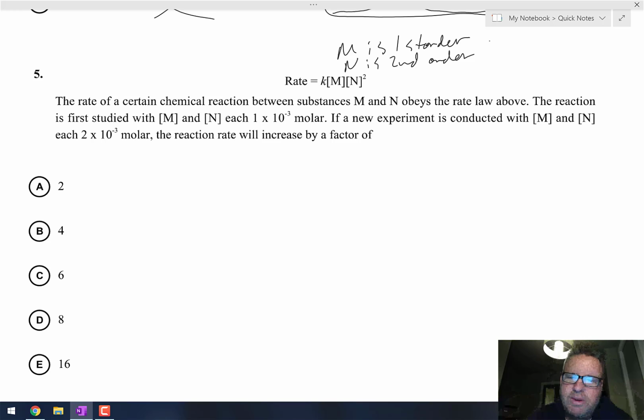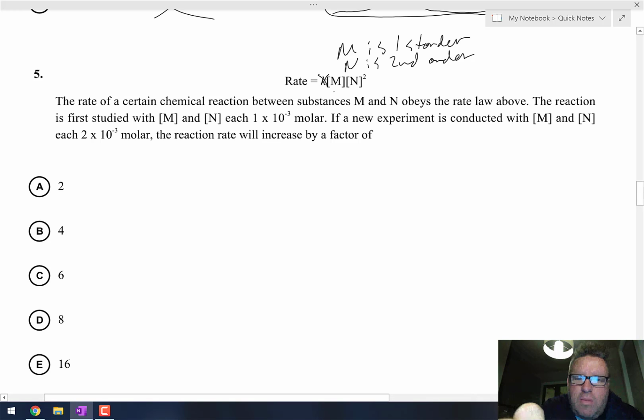In the new experiment, M and N are both 2 times 10 to the minus 3rd molar. How much will the rate increase by? Well, forget about the rate constant because that's not going to change. Unless the temperature changes, the rate constant doesn't change. We've already learned that. And they don't mention temperature at all. So let's just figure it out.